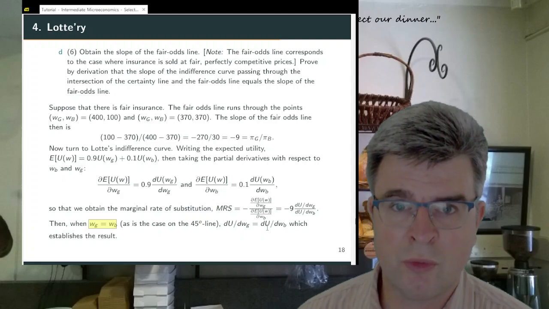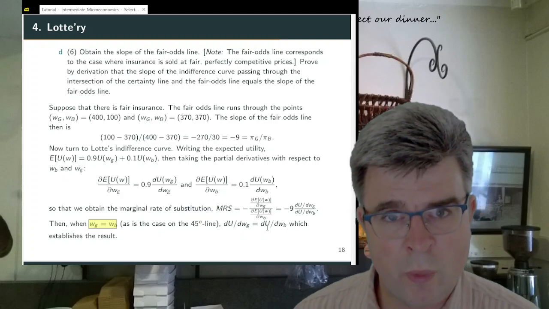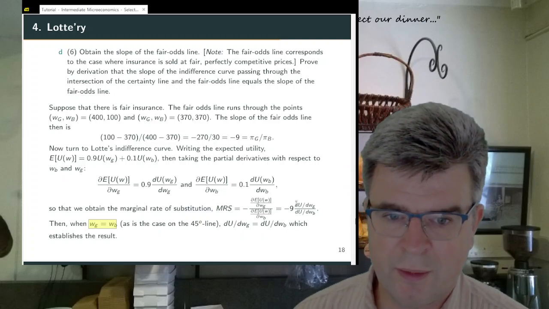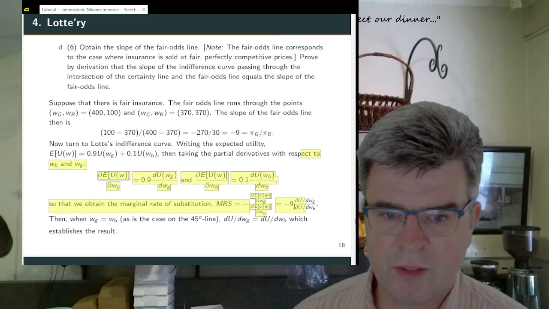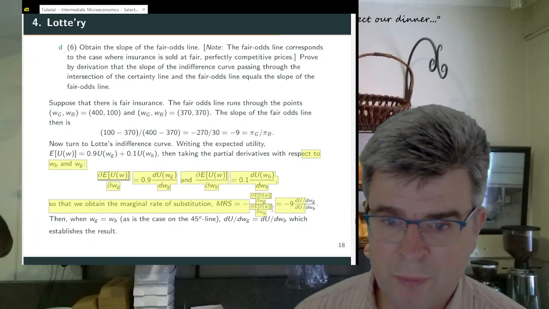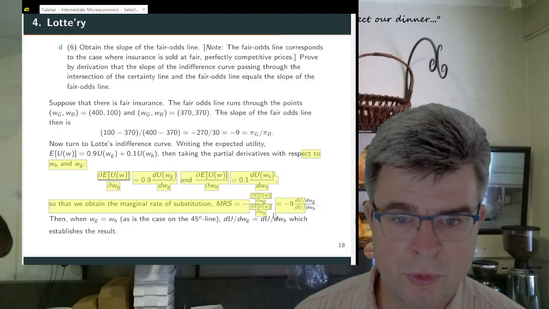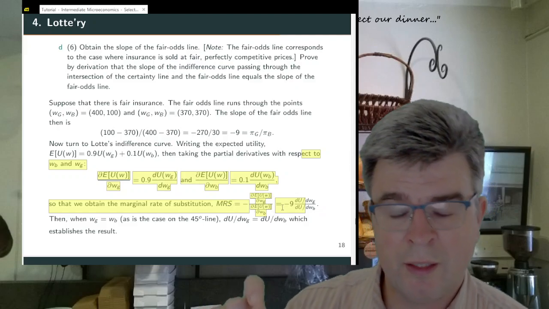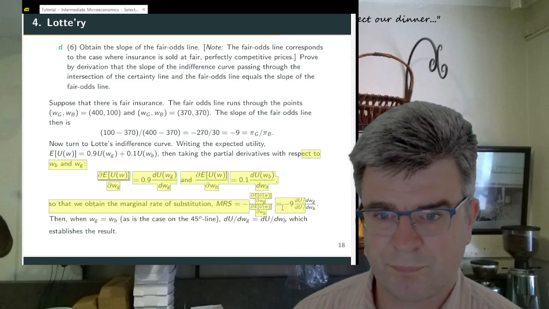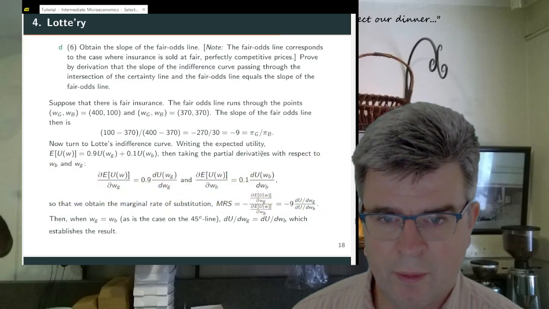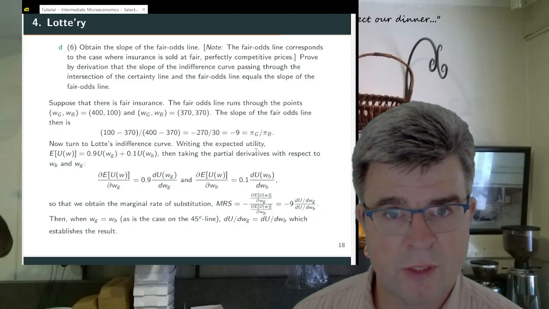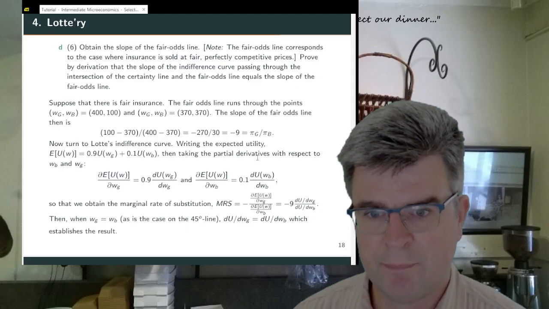So the marginal utility of additional wealth is also identical at those points. Which means that these two derivatives are identical to each other and therefore cancel out, and we get that the marginal rate of substitution at the certainty line, at point E, is identical to minus 9. And that completes exercise D.